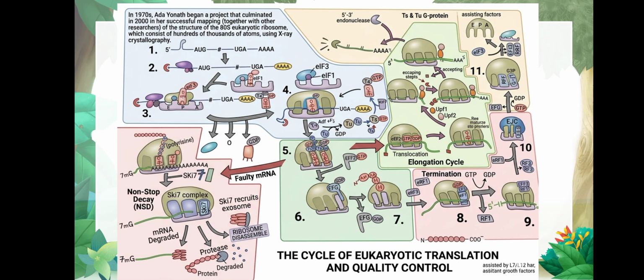When they find the AUG codon, the large subunit of the ribosome comes and attaches, and the elongation process continues.